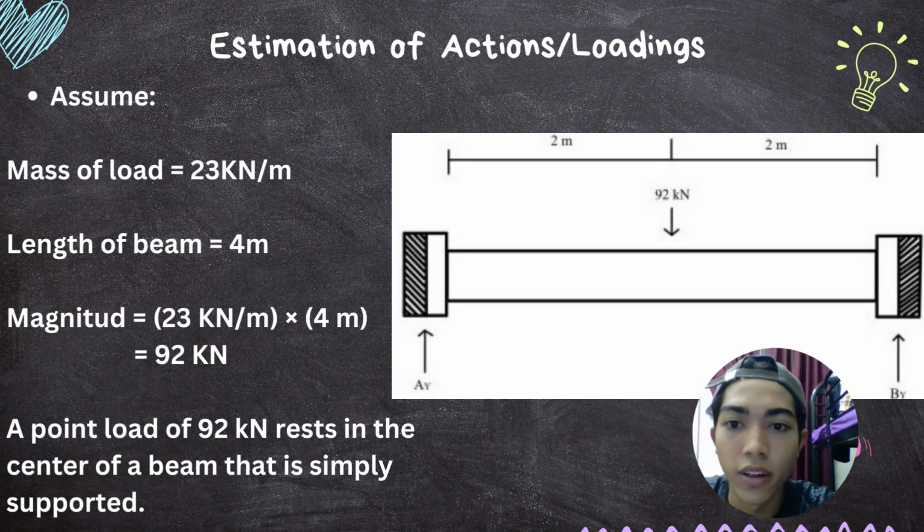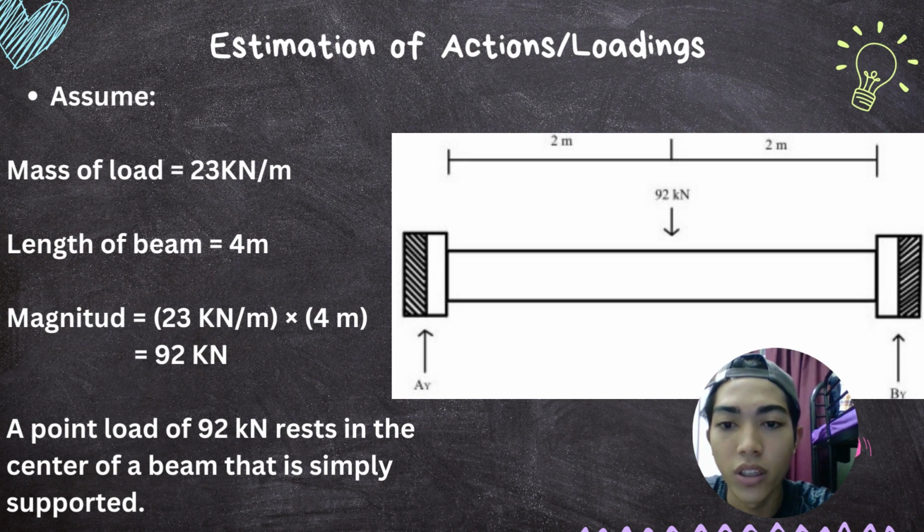For the calculation, we assume the value. Firstly, the load is 23 kilonewton per meter. The length of the beam is 4 meter.